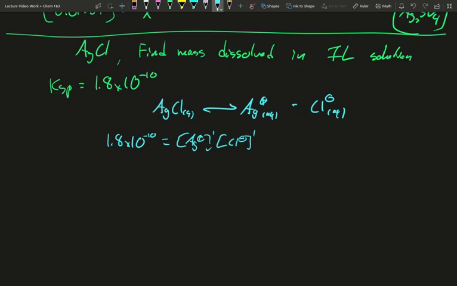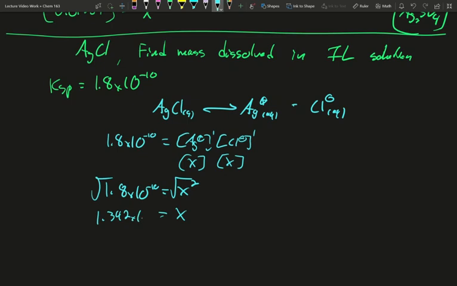Well, as it breaks apart, I'm going to make some amount of silver, but I'll make the same amount of chloride, so these are both X. The unknown change, they'll be the same. And so as my silver chloride salt dissolves, I'll get equal amounts of my product. 1.8 times 10 to the minus 10 must equal X squared. Take the square root. X must equal 1.342 times 10 to the minus 5.